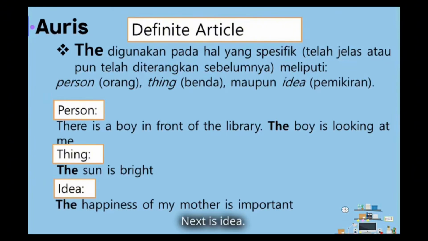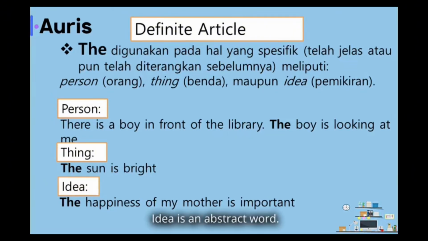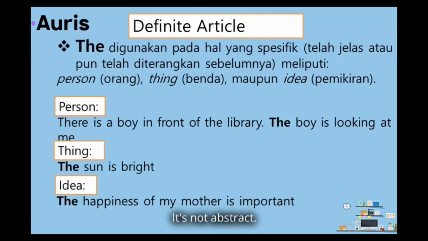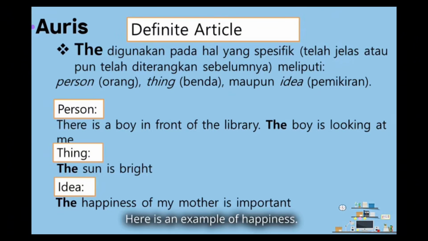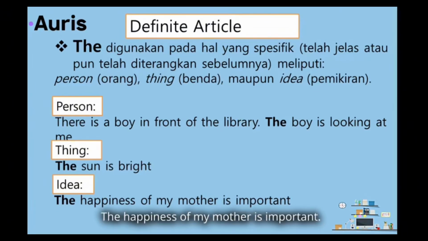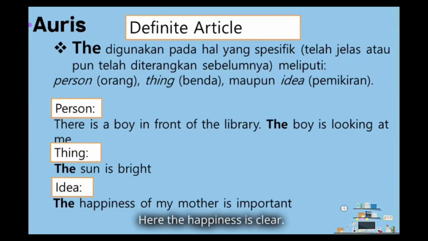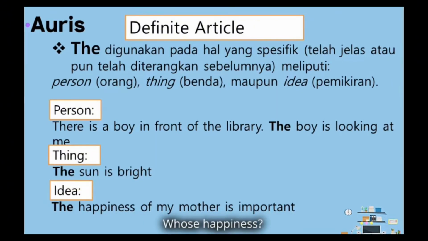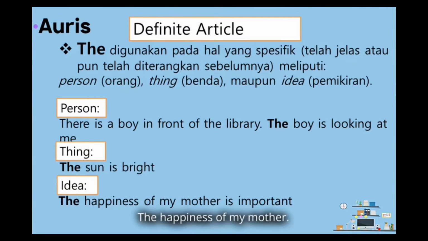Next is idea. Idea is an abstract word. Here is an example of happiness. The happiness of my mother is important. Here the happiness is clear. Whose happiness? The happiness of my mother.